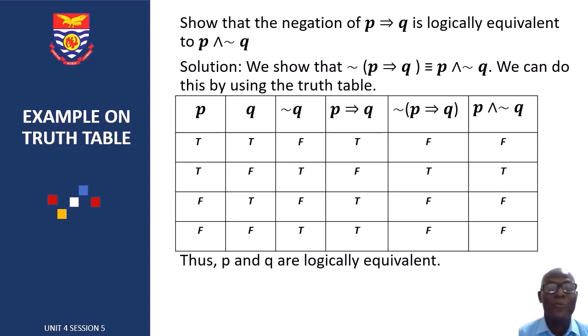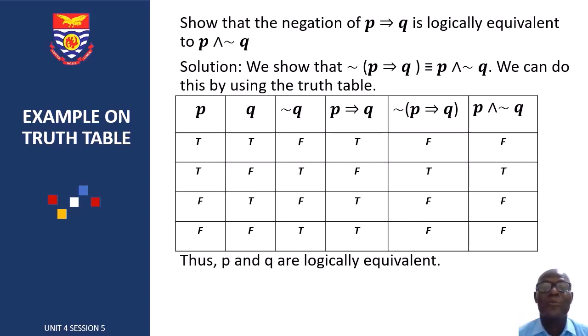Q is truth, false, truth, false. So we negate Q. If Q is true, then it becomes false. So we have false, truth, false, truth. That is, we have negated Q.